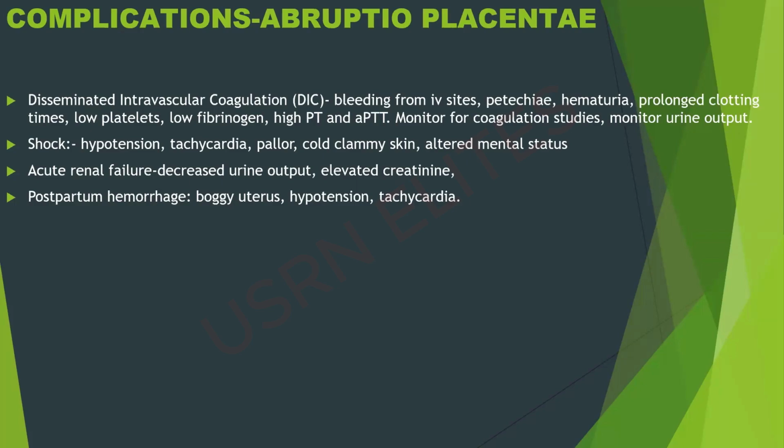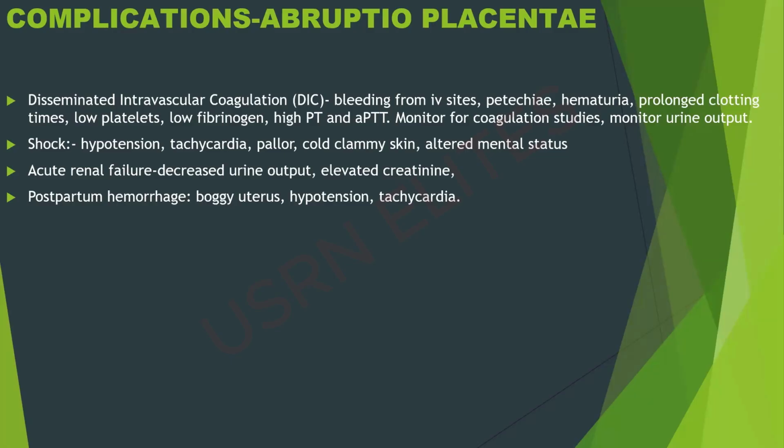And postpartum hemorrhage, which of course will be seen as what? Bogg-like uterus. Because know that in placental abruption, we have a rigid board-like uterus. If the mother enters into postpartum hemorrhage, the mother has delivered.